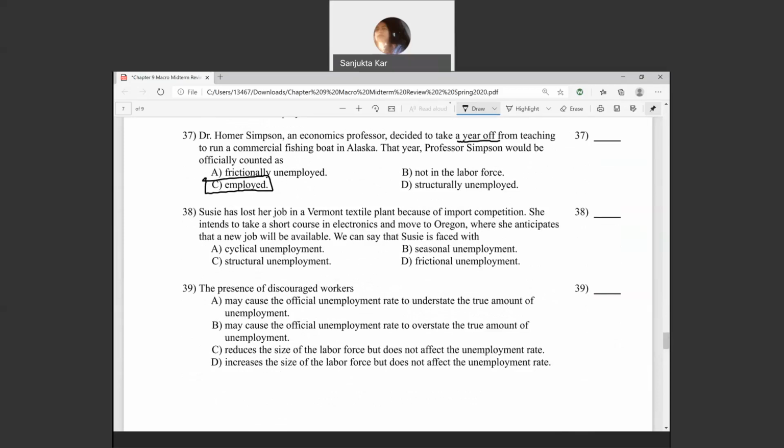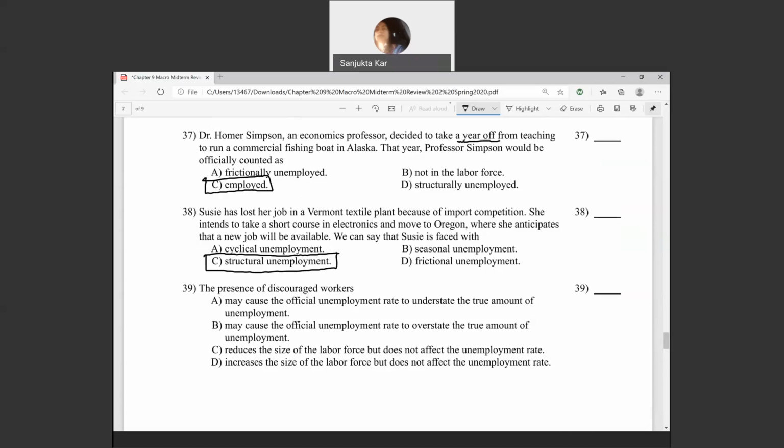Question number 38. Susie has lost her job in a Vermont textile plant because of import competition. She intends to take a short course in electronics and move to Oregon, where she anticipates that a new job will be available. We can say this one is structural unemployment.